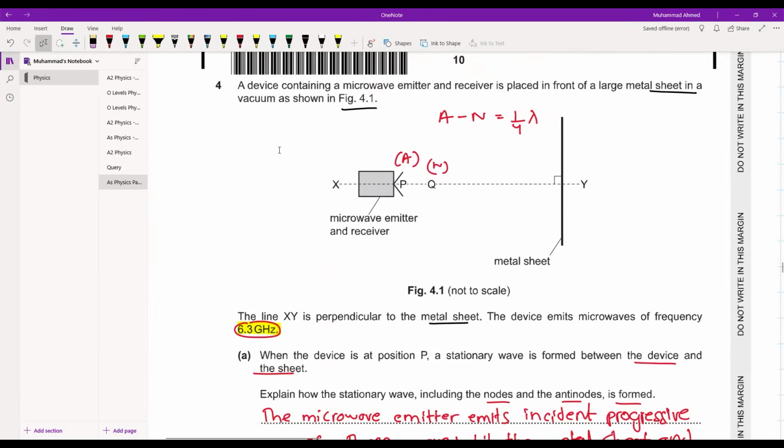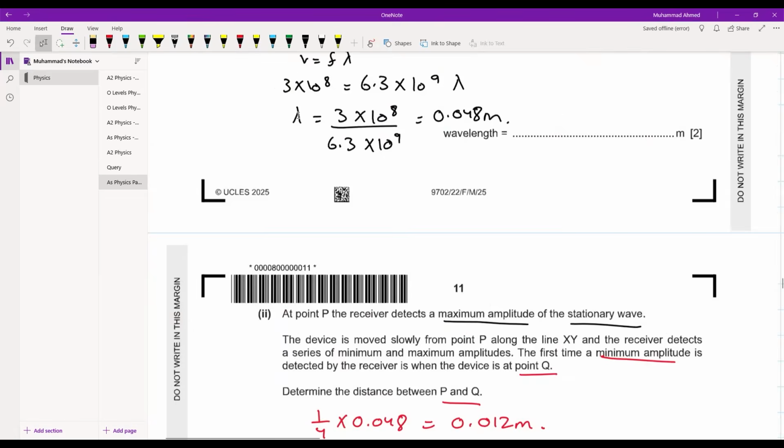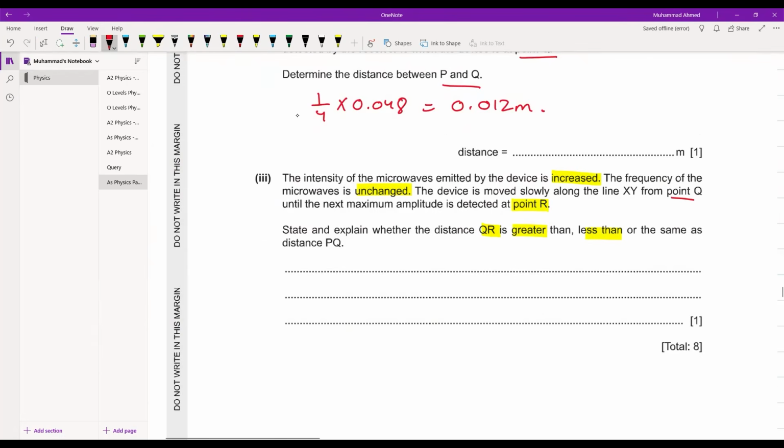So let's say this is point R. I'm assuming a point R. At this point you have an antinode, maximum amplitude. You have to tell whether this distance, which is 1 over 4 lambda, has changed or not. If you are increasing the intensity, that does not affect the wavelength, hence the distance QR will remain unchanged or the same.